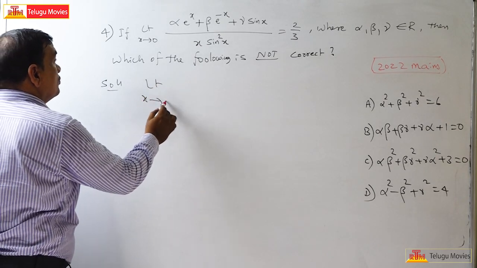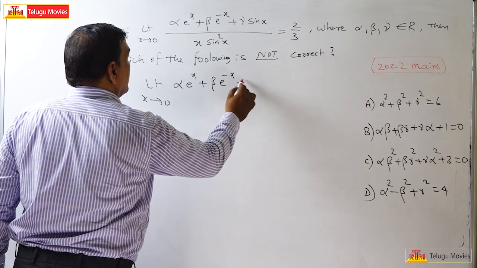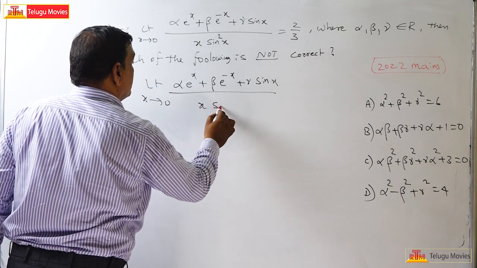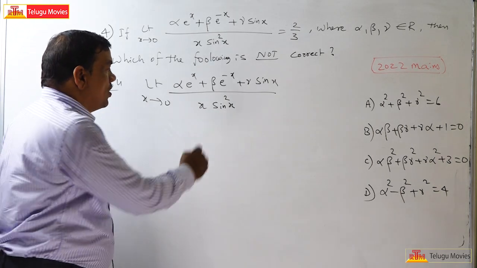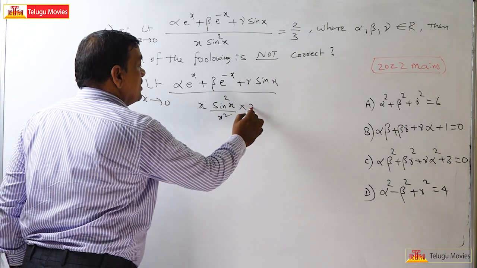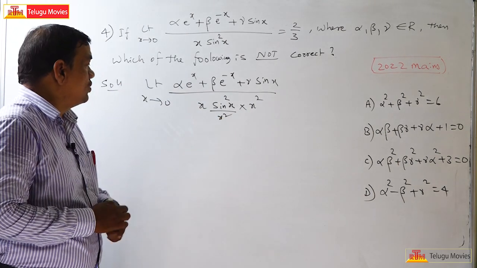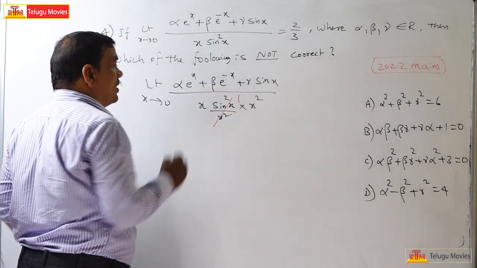Limit x tends to 0 of alpha e power x plus beta e power minus x plus gamma sin x, by x sin square x. Okay now, don't worry about this sin square x. Multiply and divide with x square. So limit x tends to 0, sin square x by x square value is equal to how much? 1.